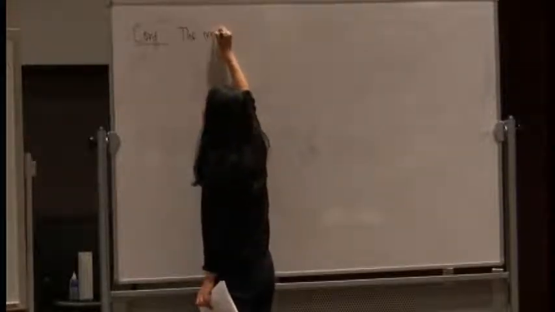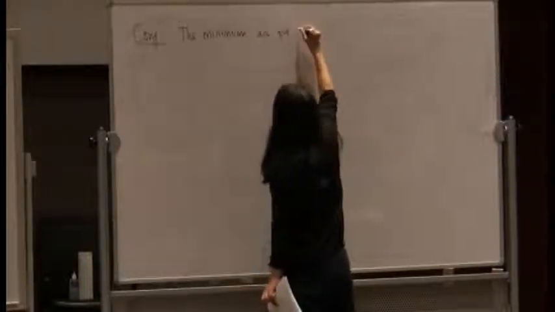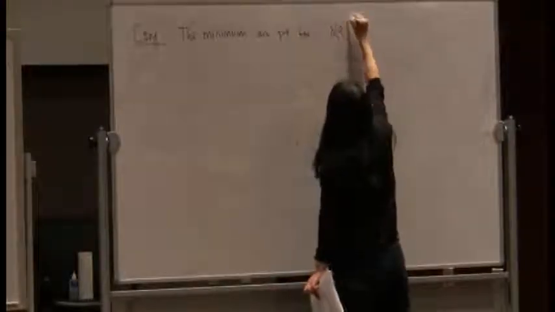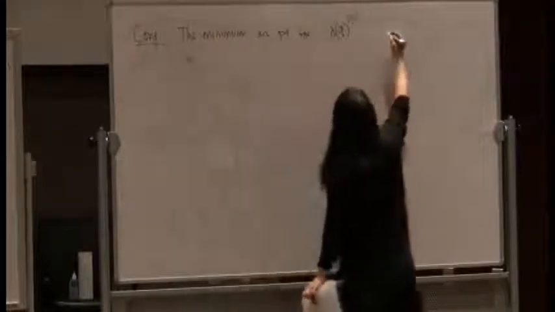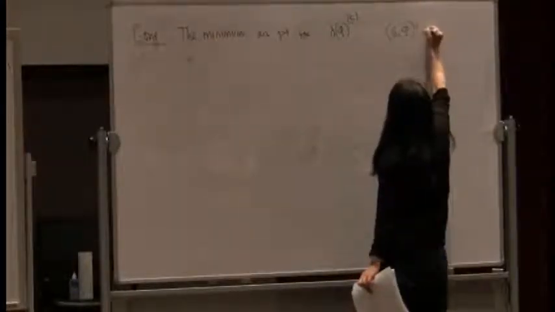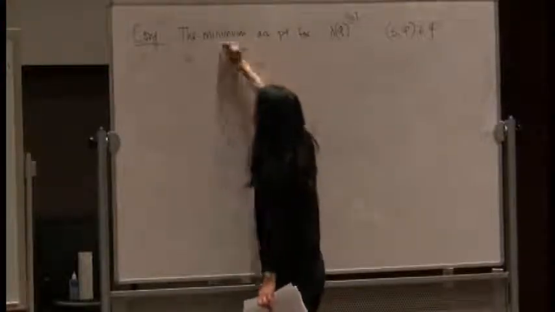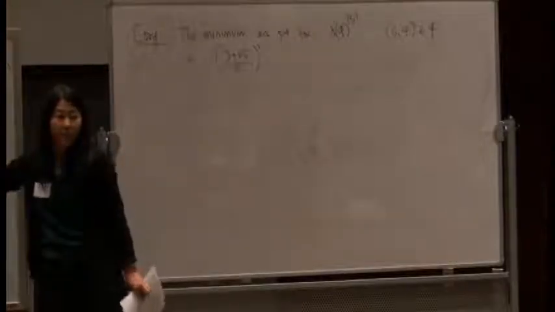So there's a conjecture that the minimum accumulation point for lambda phi to the s, as phi and s range in P, is 3 plus square root of 5 over 2 squared, and it's attained at this point exactly.